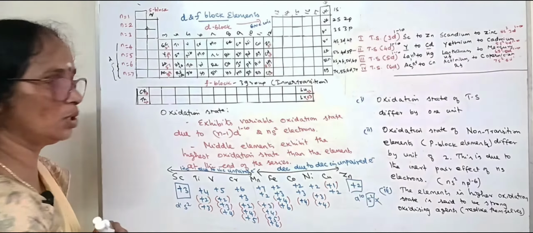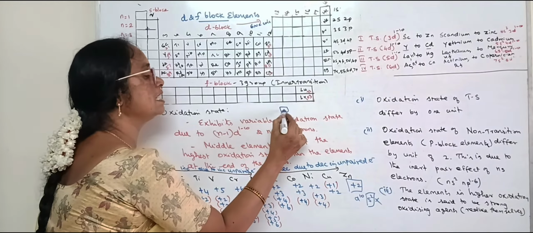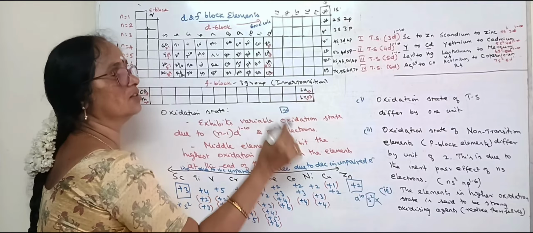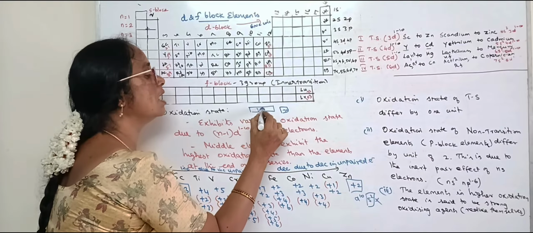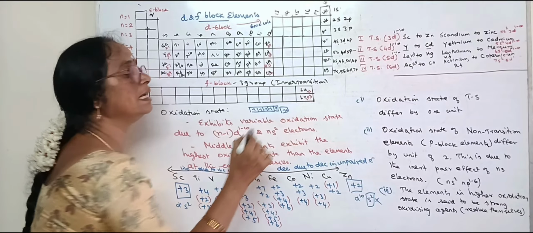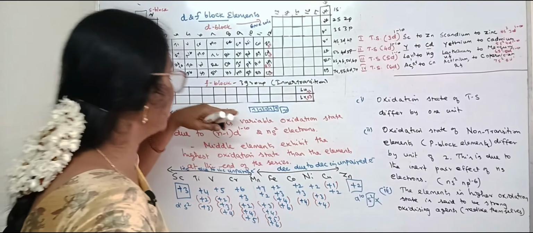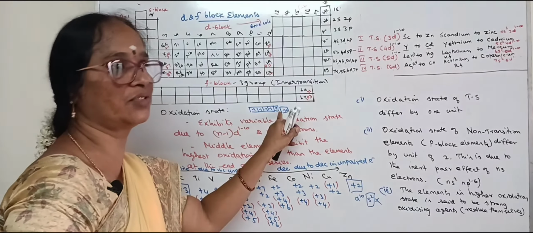But when we go to titanium, the s orbital electrons are lost first for the oxidation state, followed by the loss of the d orbital electrons. We said the number of unpaired electrons in the d orbital increases from one to the middle of the series.